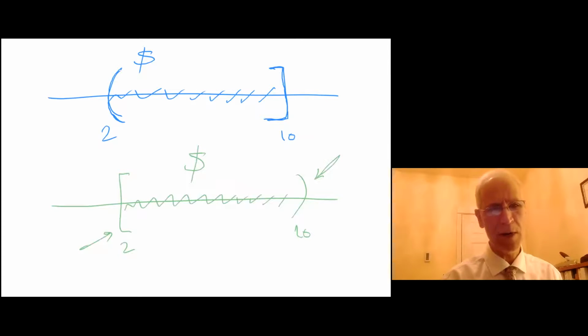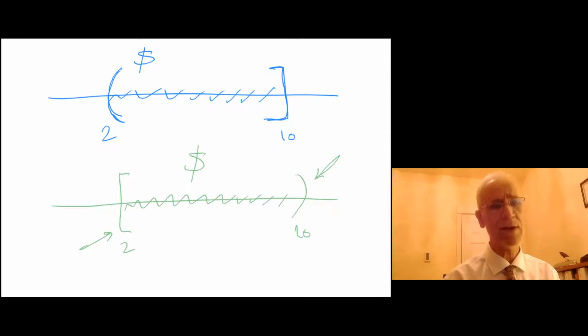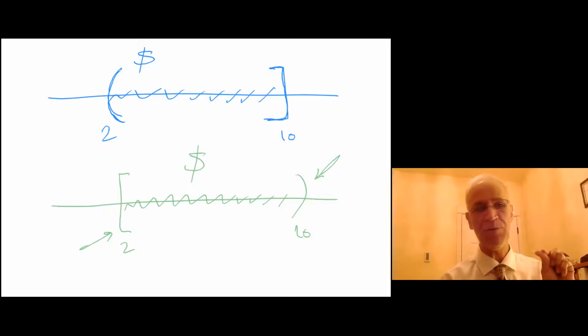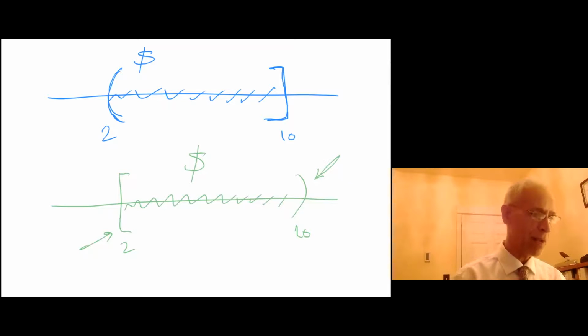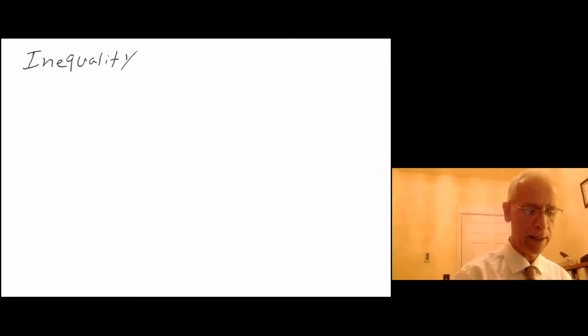Of course, with money, we don't have 9.99999, but I think you get the idea. It's the idea of some value to be included or not included. All right, so how can I write those values in 2 different forms, inequality and, let's say, interval notation?